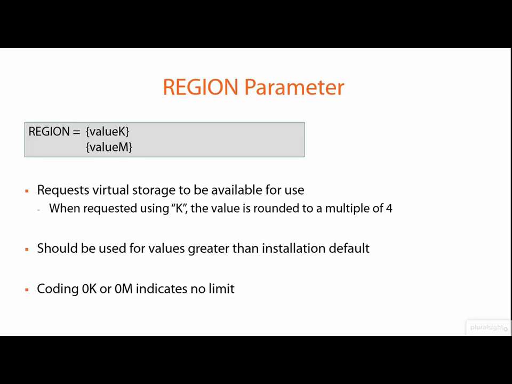So that way, if the installation does have a limit coded, then when you have the 0K or the 0 meg, you will be allowed to request any amount of memory up to that particular physical limit. And so this provides a way, where if you're uncertain how much storage you need, but it is greater than the default, then coding this can be a good way of working around that uncertainty and getting the job to be able to run.